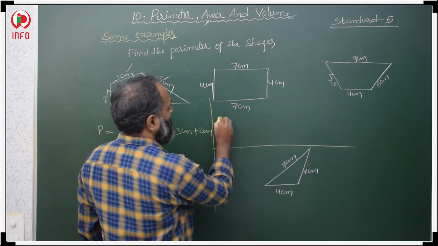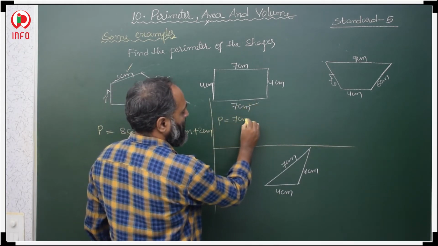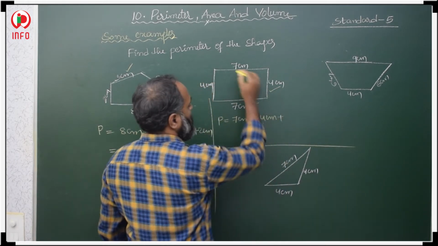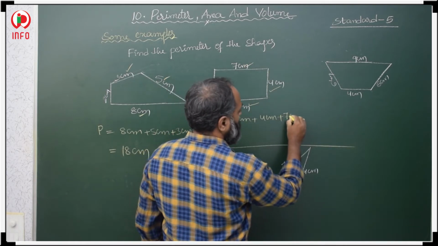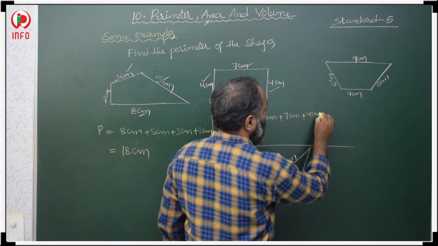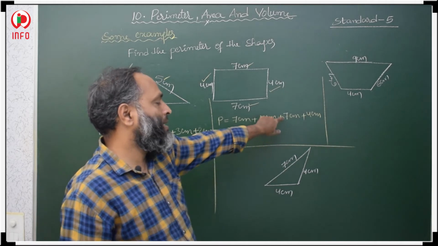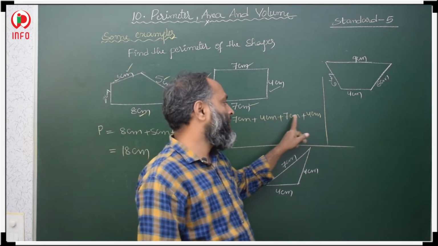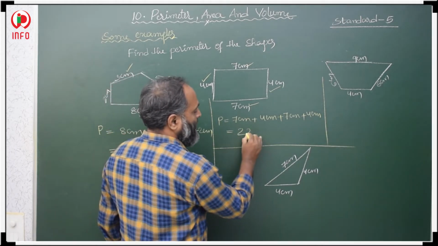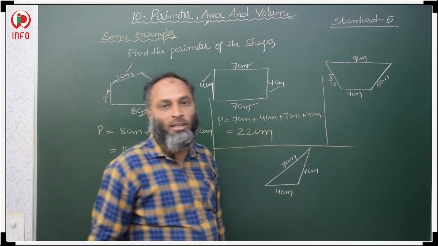Now this one. Perimeter P is equal to the sum of 4 sides. First side 7 centimeters, second side 4 centimeters, third side 7 centimeters, and fourth side 4 centimeters. Then 7 plus 4, 11 plus 7, 18, 18 plus 4, 22 centimeters. We just add all 4 sides, that is our perimeter.